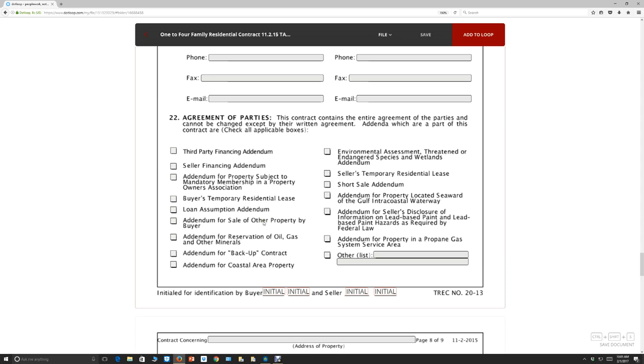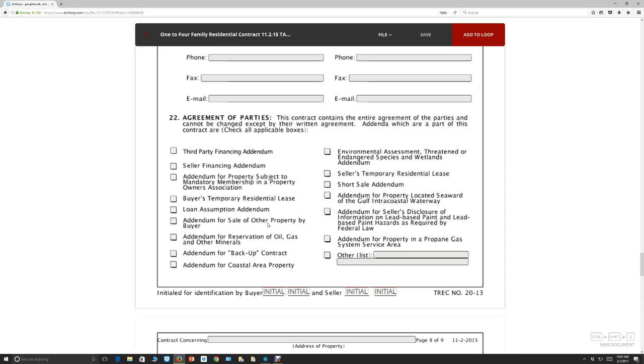Addendum for sale of other property by buyer is the contingency. If your buyer must sell their home, must receive the proceeds from their home in order to buy the next one, then you must use an addendum for sale of other property. To not use this form is to put your buyer at great risk.